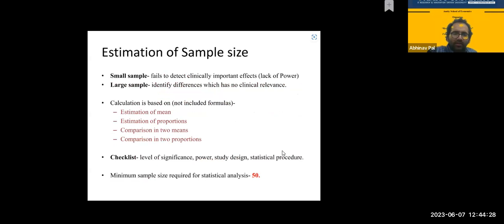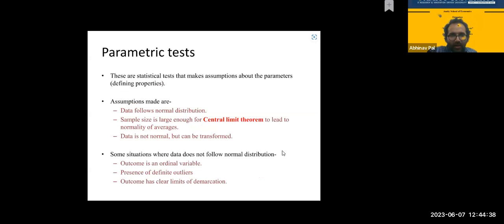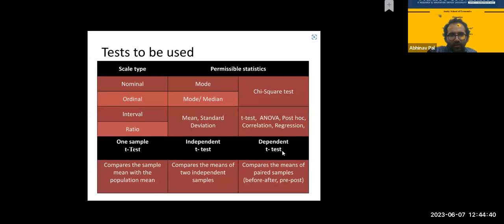Now, normally whenever you're doing any sort of these analyses, the sample size should be at least 50, right? And there are certain tests. Normally these are the kind of tests given for the type of data you have.